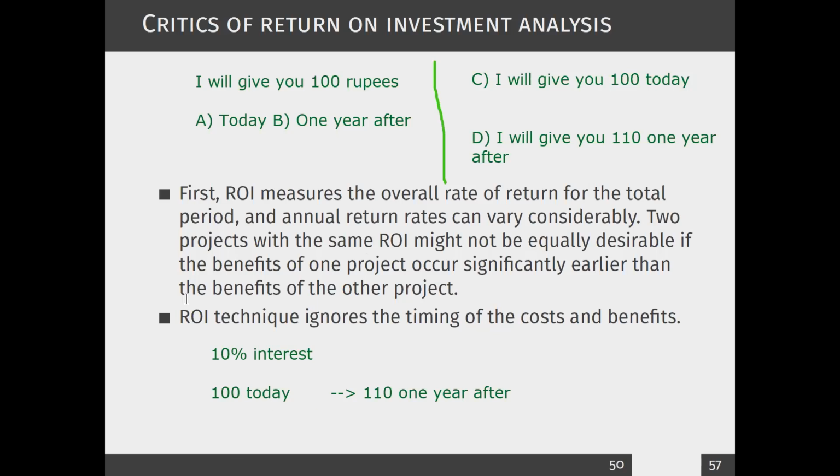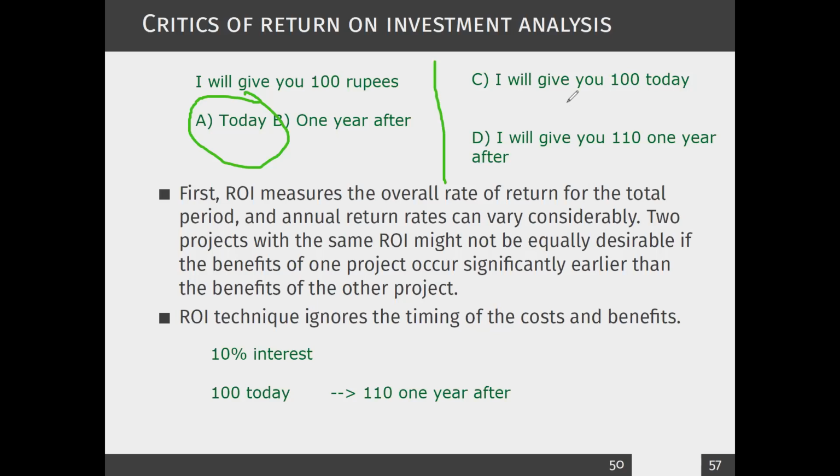Okay, I'm going to ask the question the other way around. Now you know why we prefer A for the first case, because it's better to get 100 rupees now, since you can invest in some other means and get more than 100 after 1 year's time. So the best possibility would be getting it today, right? In this particular case, it depends on how much interest you can earn.